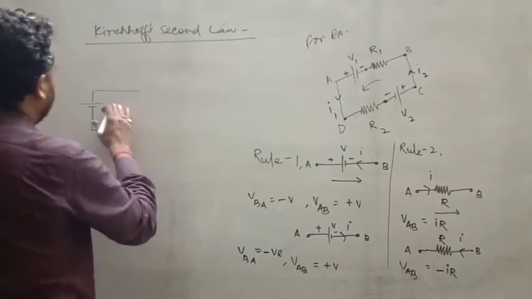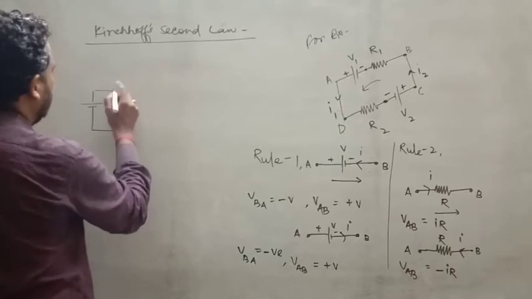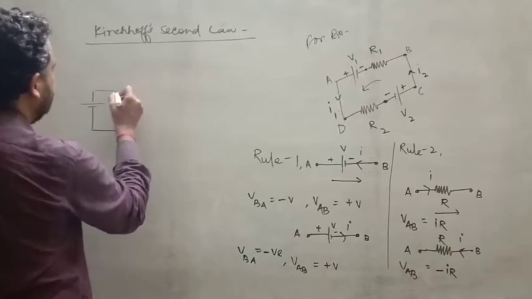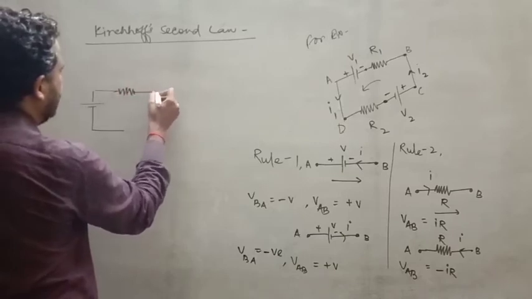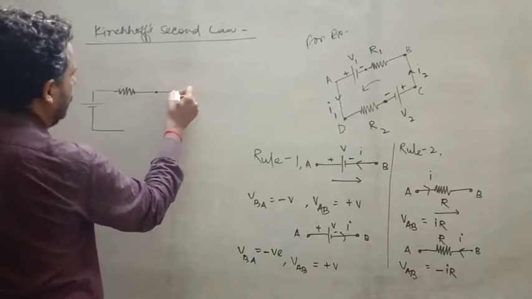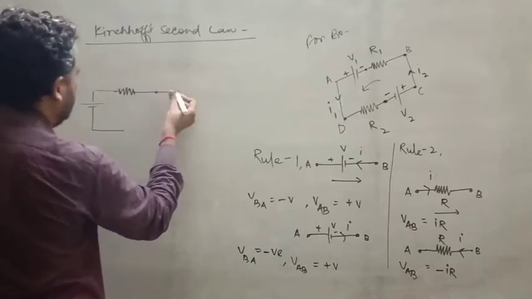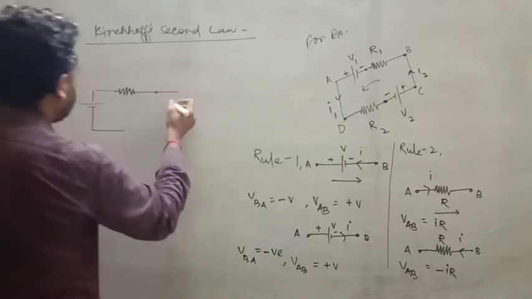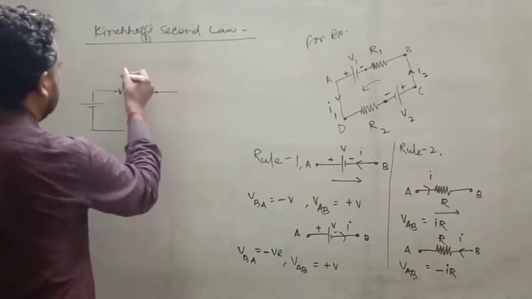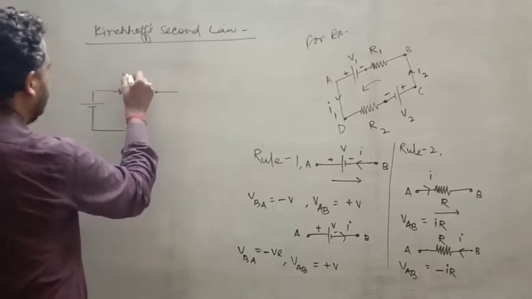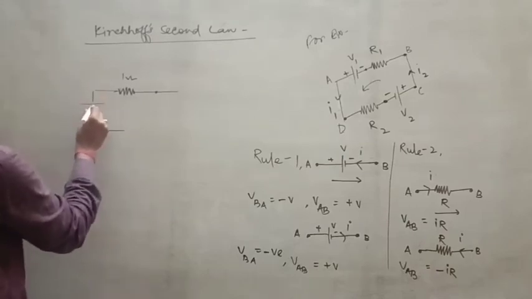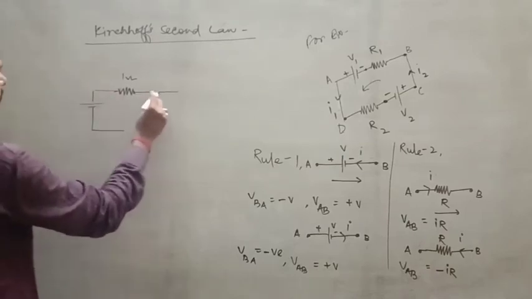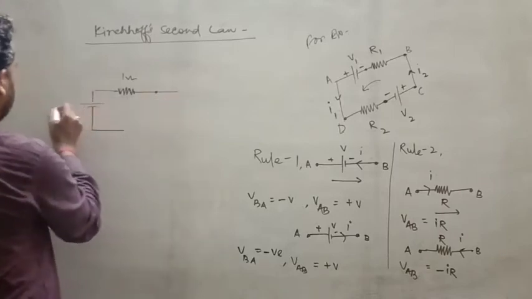From this EMF a resistor is connected. Here there is a resistor. Then suppose this one is 1 ohm and this one is suppose 2 volt.